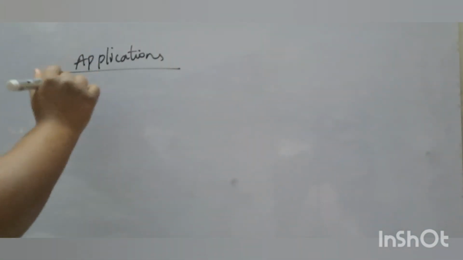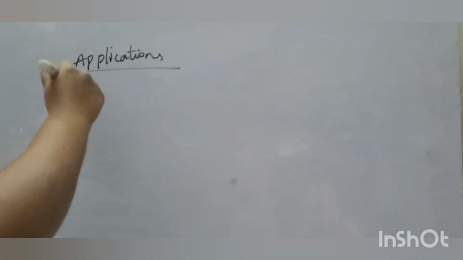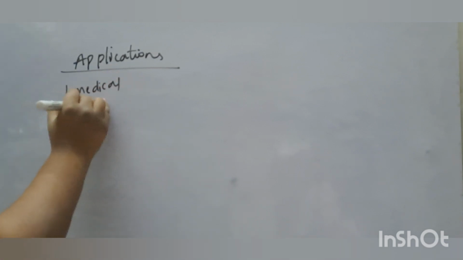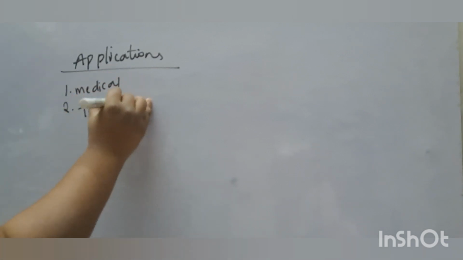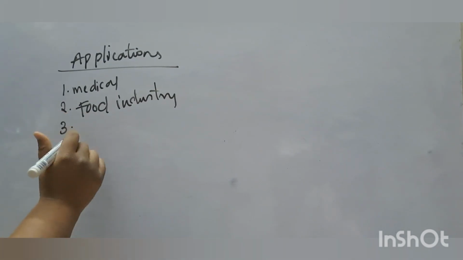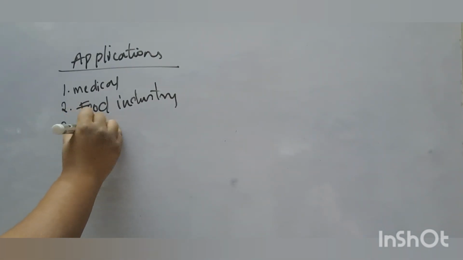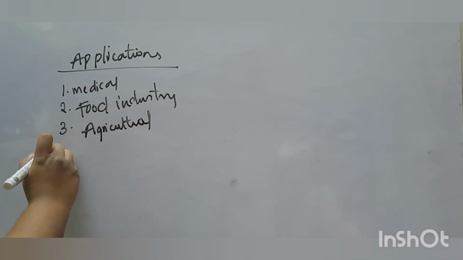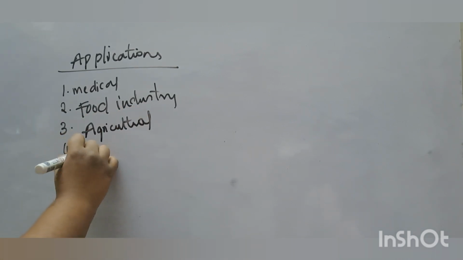The applications: nano emulsions are used in the medical industry, food industry, agricultural industry, and cosmetic industry. Obviously, you must include the food industry, because we are nutrition students or food science students.